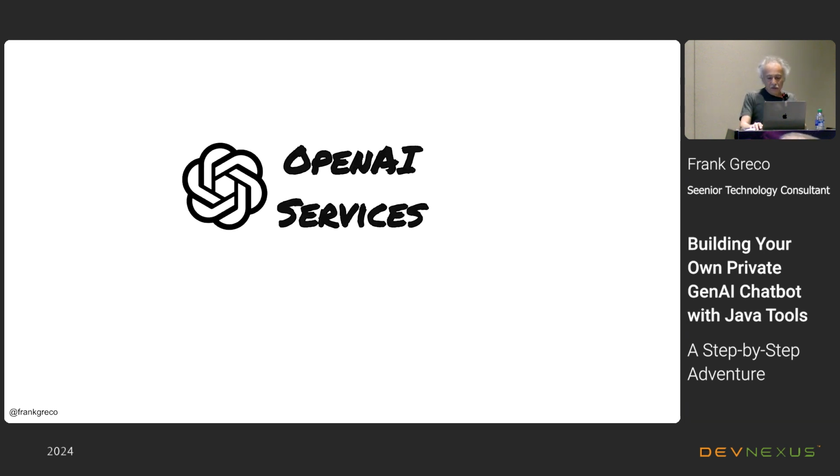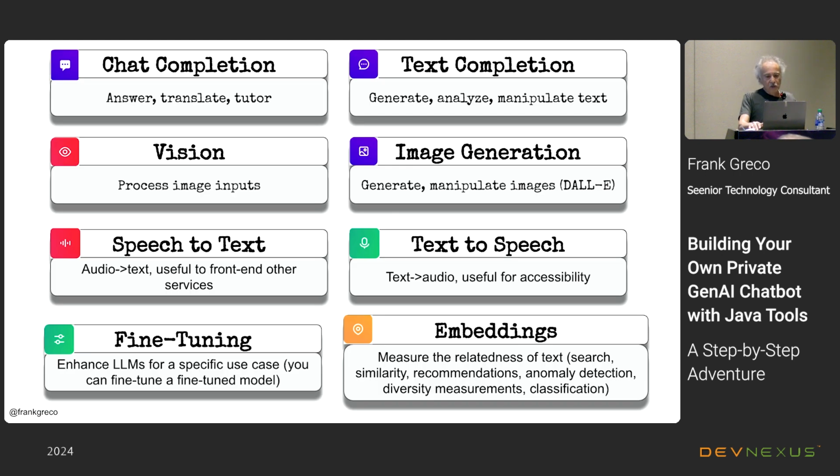Okay, so OpenAI services, you can go to the website and find that there's text completion like I showed you. There's chat completion. In other words, it's trained on conversations. We know about DALL-E and image generation. There's speech to text, text to speech. And there's two of these on the bottom, which I'll get to.